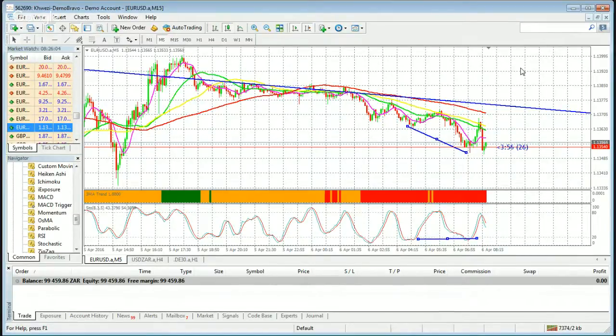Also, let's see. We might get another divergence setup. It's too close to say though. Gonna have to give it time.